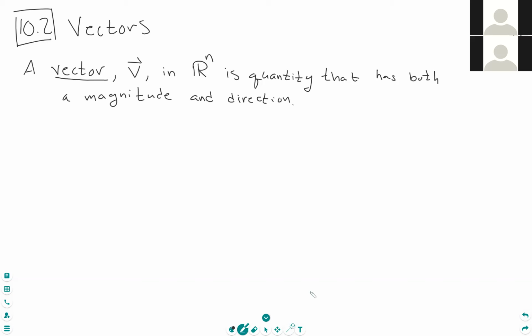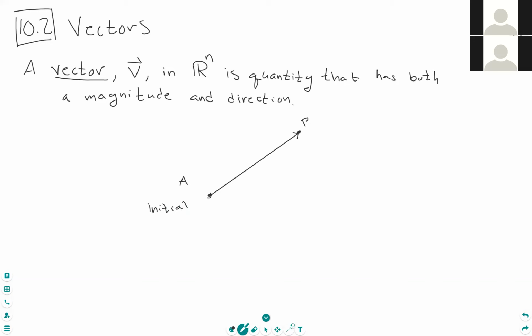Okay, so a vector might look just something like an arrow, right? Where it has an initial point and a terminal point. So maybe we call this A, and this is our initial point.